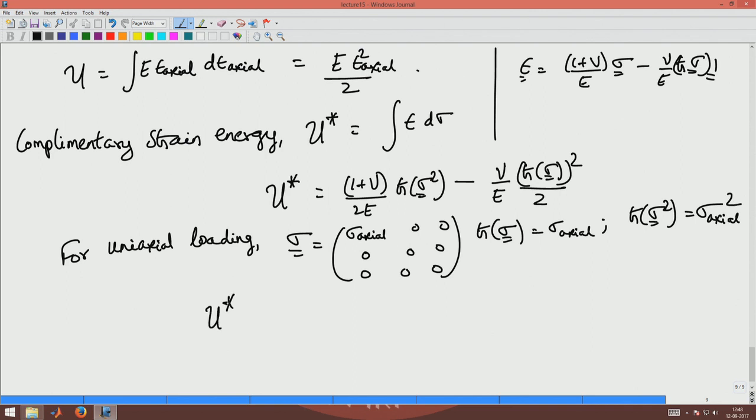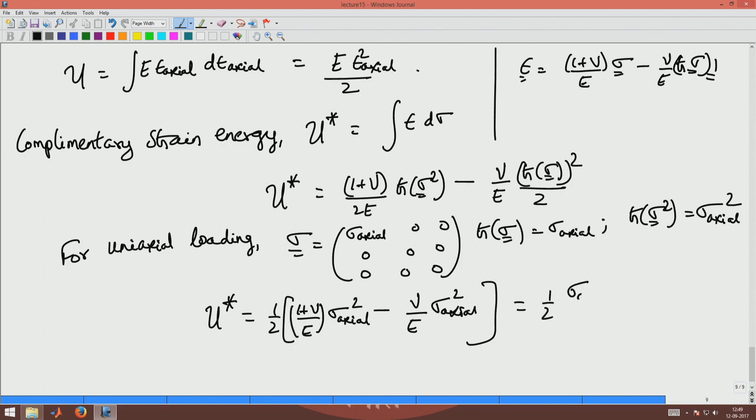So, u star would be 1 by 2 into (1 plus nu) by E sigma axial squared minus nu by E sigma axial squared, which will be 1 by 2 sigma axial squared by E. Okay. So, u star is sigma axial squared by 2E.